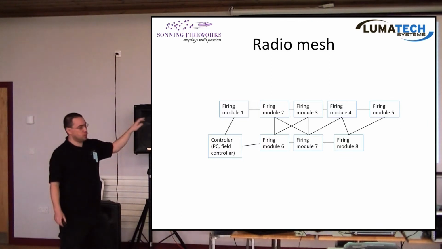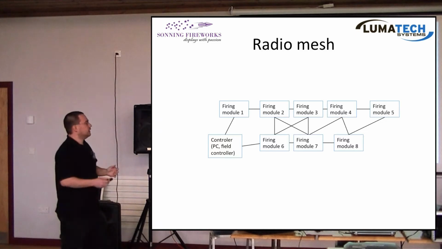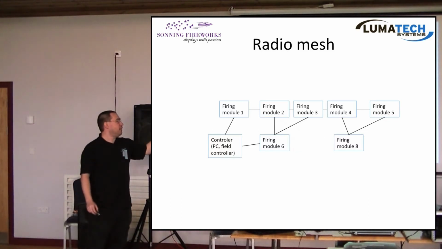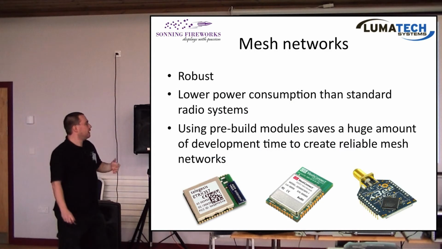And these modules are all in charge of their own routing and understanding where to send this data through the network. So for example, if we lost a module there, the data can route around it. And again, in that scenario, you can lose various modules and the data will still get through to the last modules. So mesh networks are very robust.